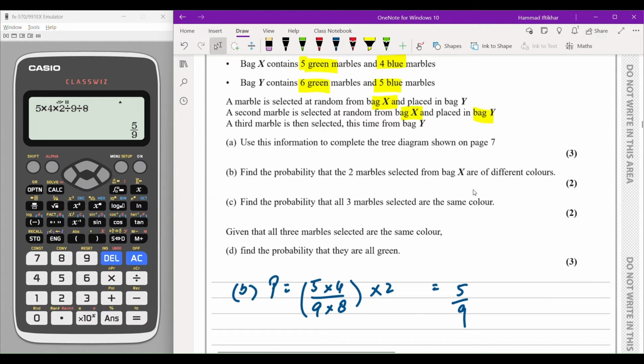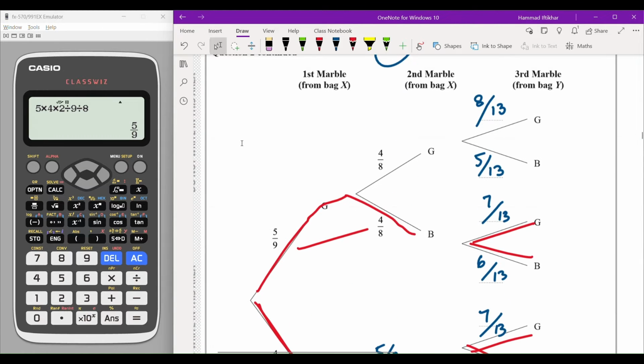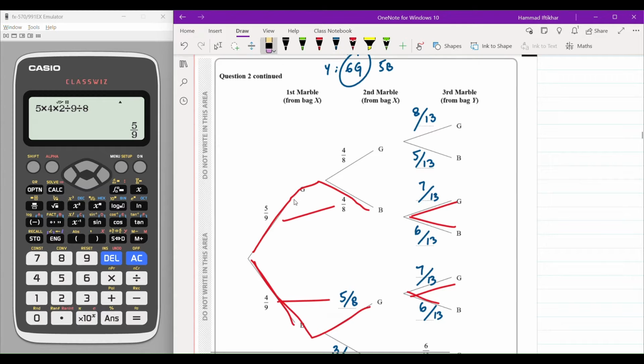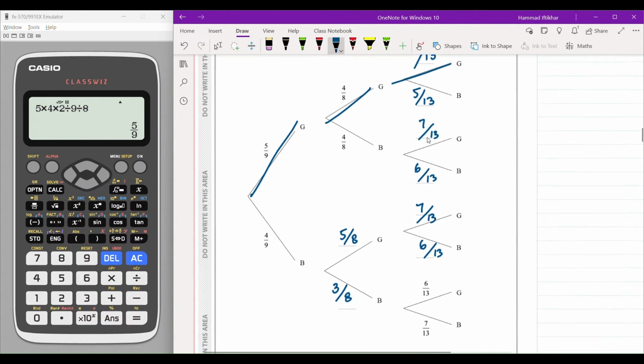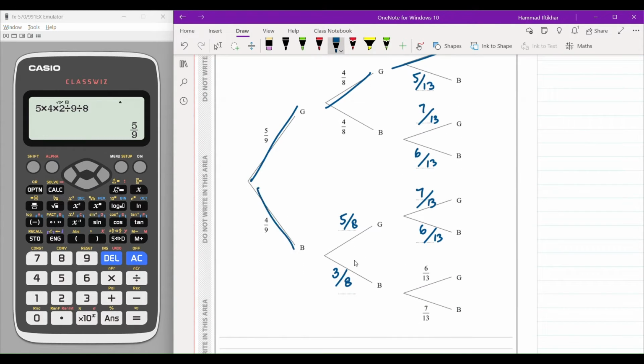Find the probability that all 3 marbles selected are the same color. So all 3 marbles selected in the same color. We will have green, green, green, or blue, blue, blue.